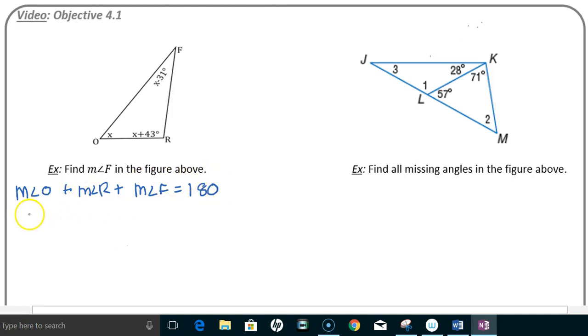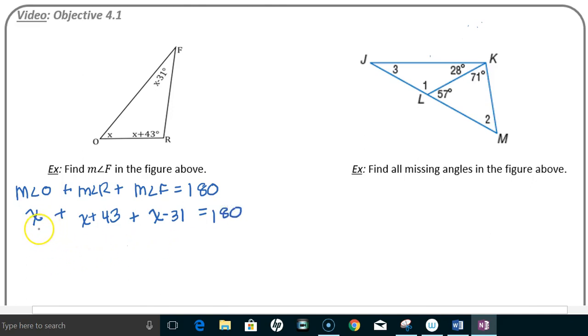Now we can substitute in the algebraic expressions from the figure. The measure of angle O is represented by x, the measure of angle R is represented by x plus 43, and the measure of angle F is represented by x minus 31. So those all will sum to 180.